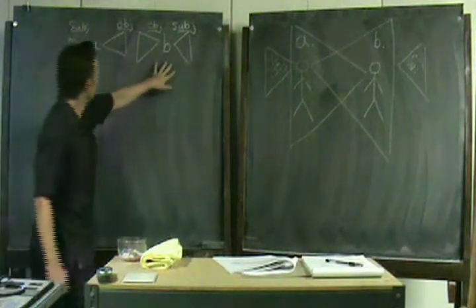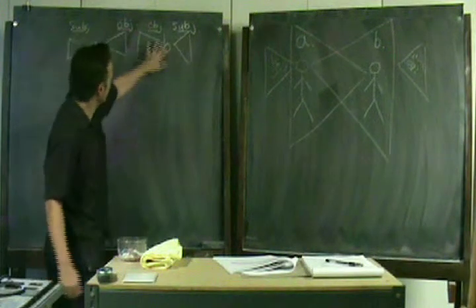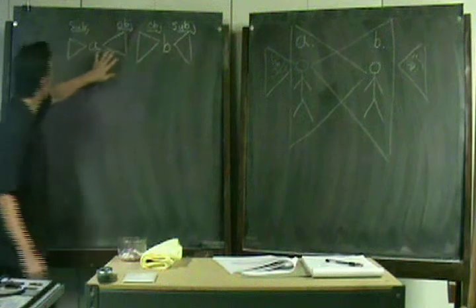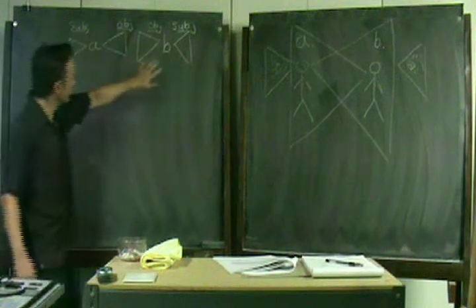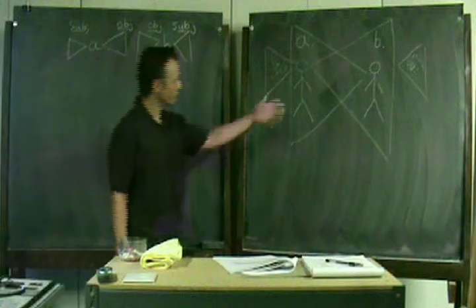So A and B: A's objective frame of reference, B's objective frame of reference, A's subjective frame of reference, B's subjective frame of reference. So here we are, A and B having an interaction.